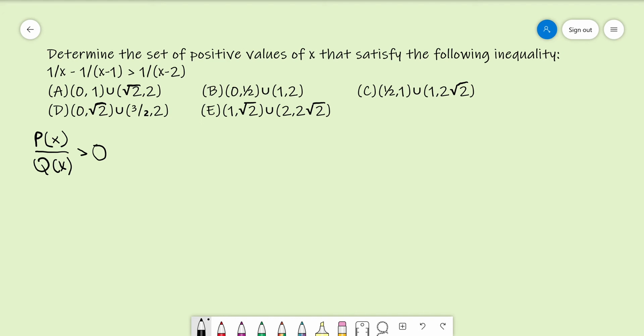That way we can figure out for which values of x the inequality is satisfied. I'll show you what I mean.